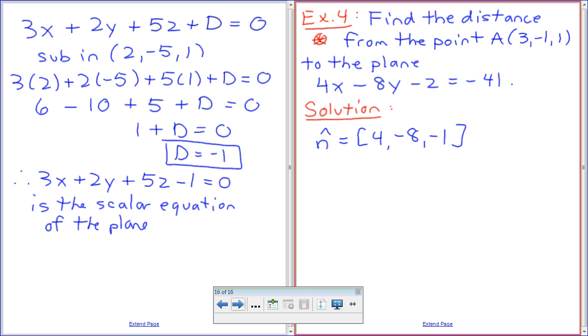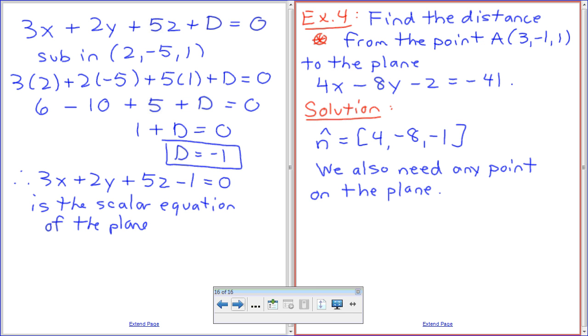So this is a normal of the plane. We also need any point on the plane. The reason for that is if I know this is my distance here, Tanner, I'm not instantly going to be able to get this as the closest point.